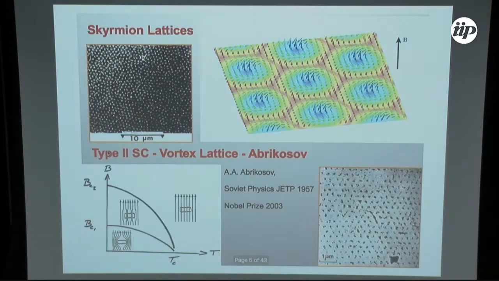So what is a Skyrmion lattice, which is what has been observed in many systems? It looks like this picture here. Red means spins pointing up, and dark blue pointing down. On each of these islands you have one of these structures.